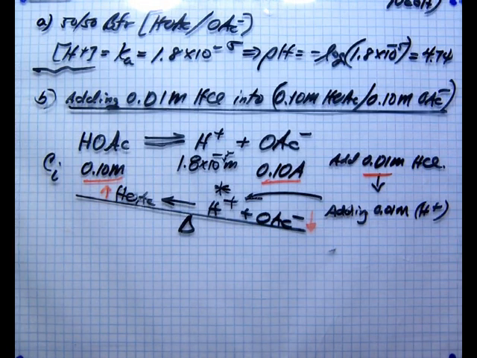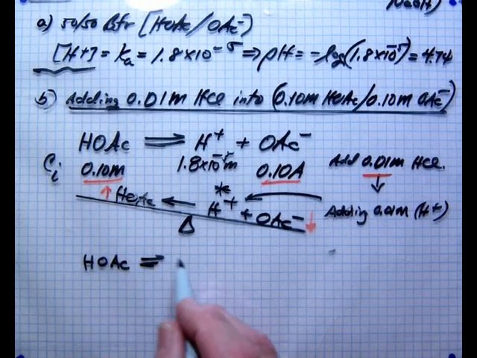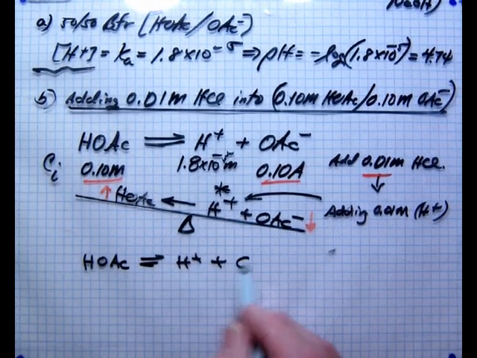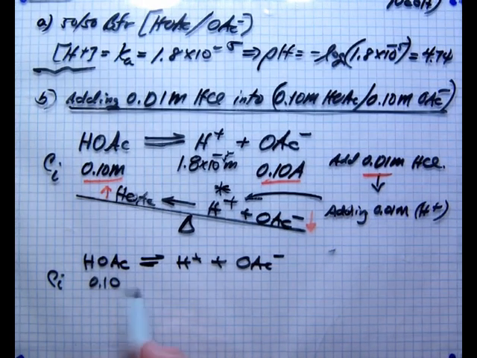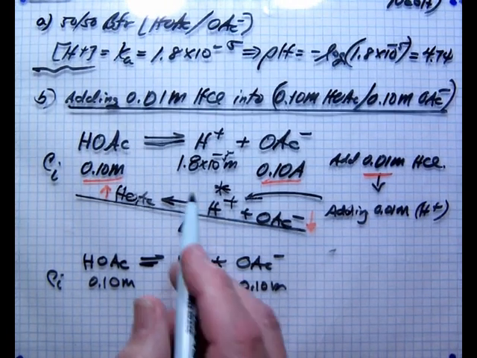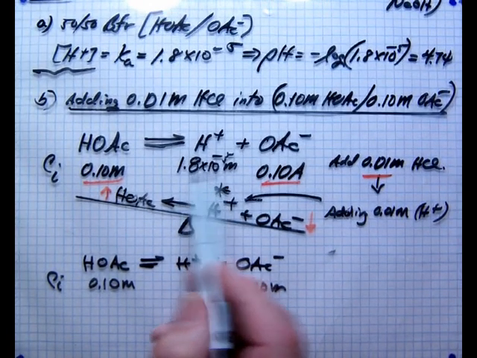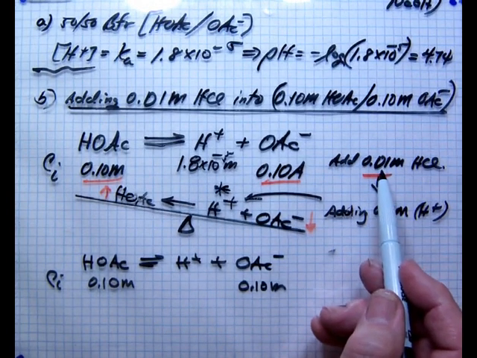Excess acid. So when you're working a problem like this, you have 0.10 molar here and 0.10 molar here, and we're going to say this hydronium concentration is so small it is irrelevant compared to what you just put in.